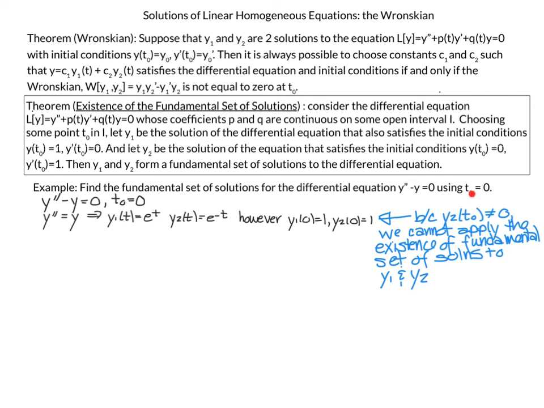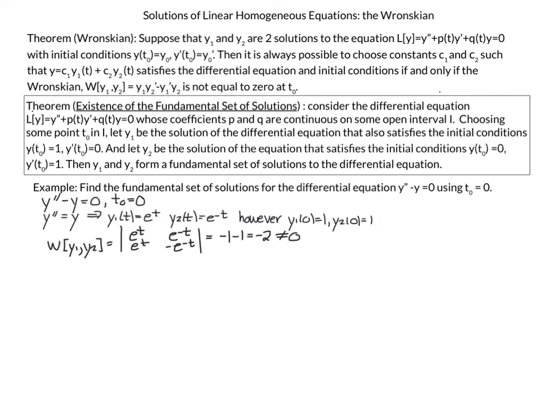I summarized what I just said in a note. Because y2 at t naught does not equal 0, which is part of the conditions of this theorem, we cannot apply the existence of fundamental set of solutions theorem to y1 and y2 and say that they are a fundamental set of solutions.